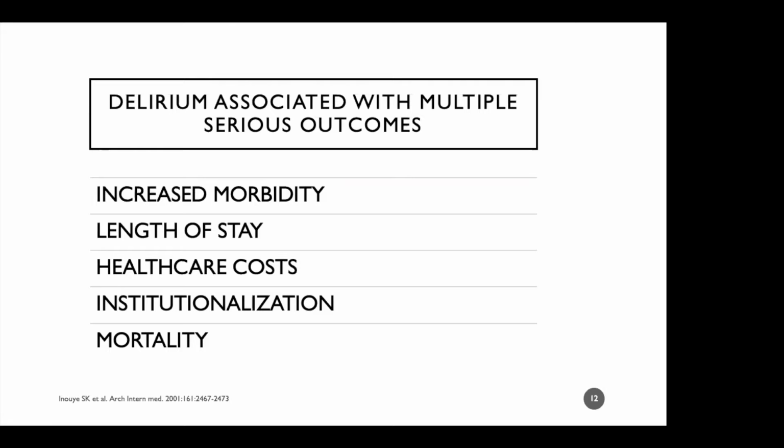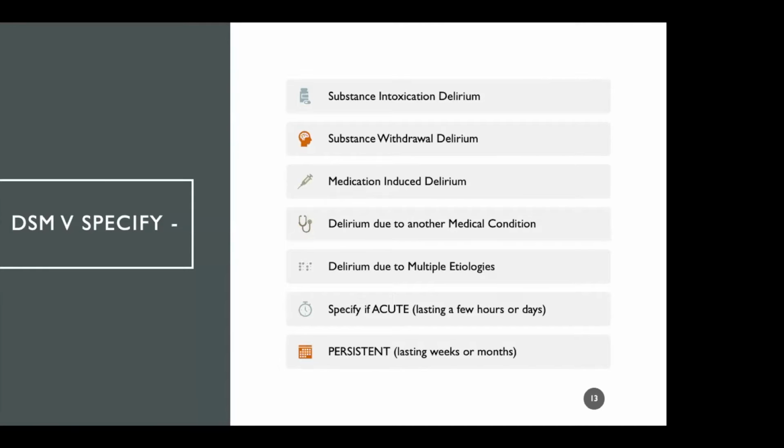So DSM, next slide, DSM-5 further specifies what could be the cause of the delirium. DSM, by the way, is the Diagnostic and Statistical Manual, 5th edition, which we all use in behavioral health, okay? For some of you who may not have known that.